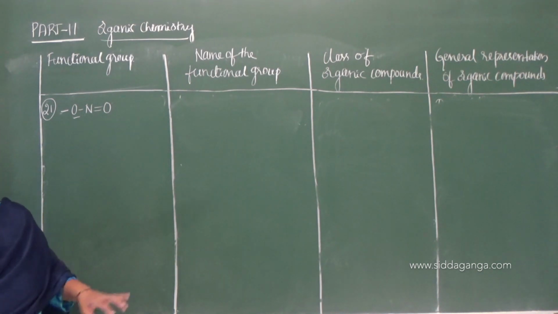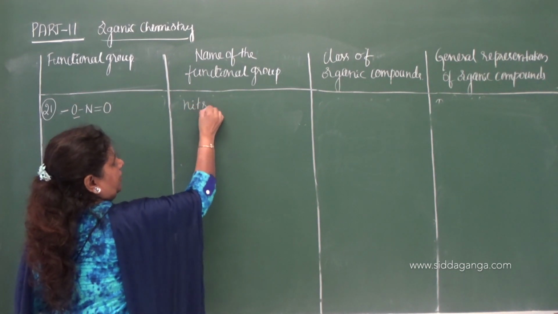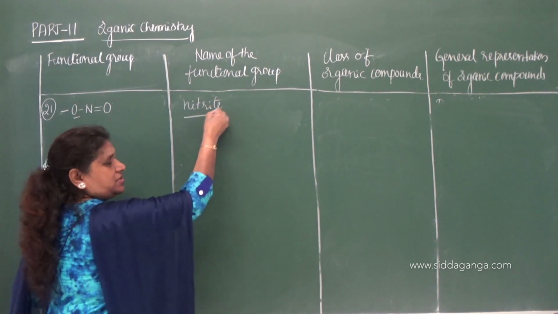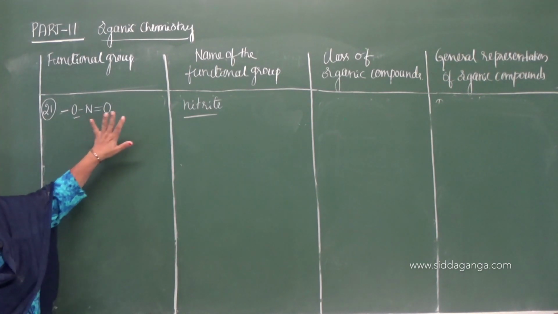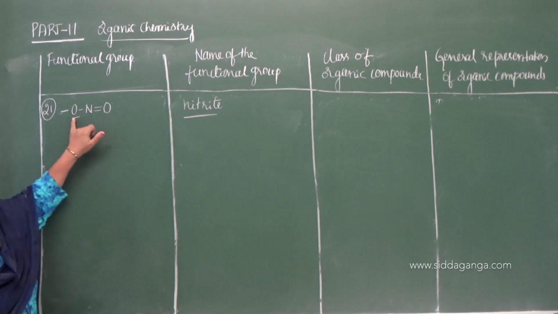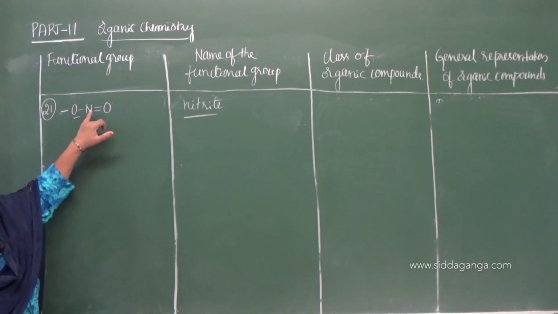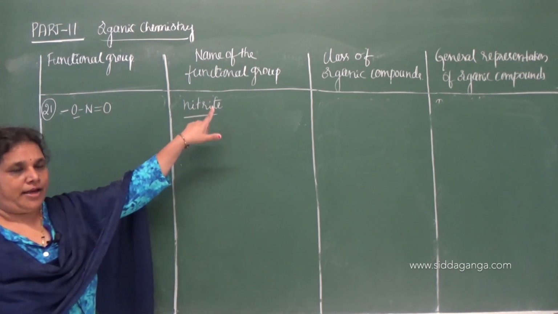Now, what is the name? Nitrite. Did you get the difference? In NO2, if nitrogen is the key atom, then the name of the group is nitro. If oxygen is the key atom, ON double bond O, then the name of the functional group will be nitrite.